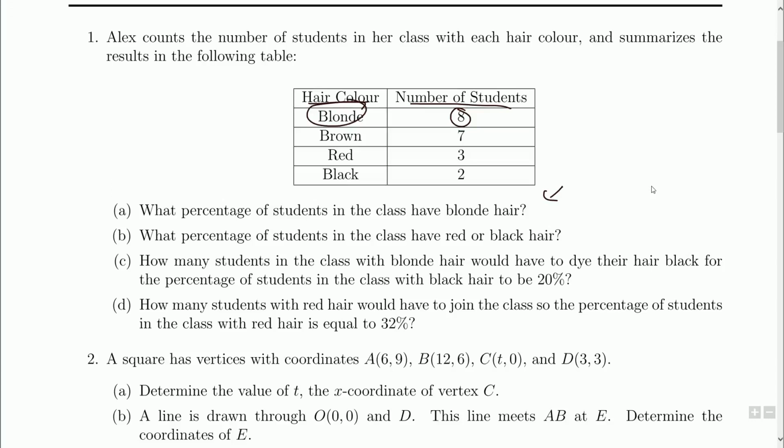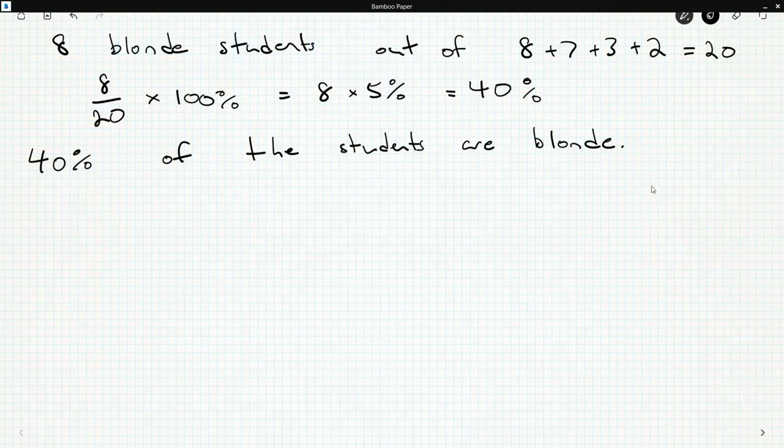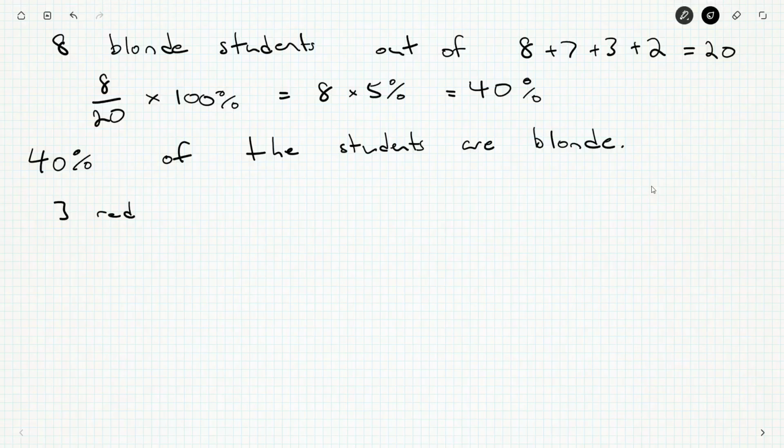What percentage of the students in class have red or black hair? Okay. So again, we're going to go the approach of let's get the fraction of students who have red or black hair and multiply it by 100%. Well, we can see from the chart that 3 have red and 2 have black.